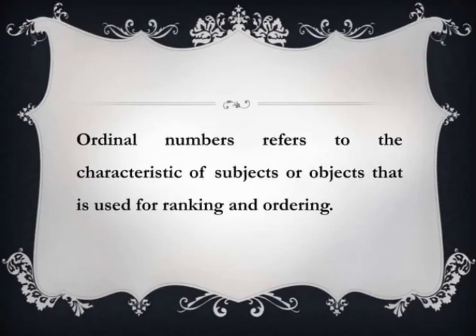So next is ordinal numbers. Ordinal numbers refer to the characteristic of subjects or objects that is used for ranking and ordering. Also, orders and ranks are included in classification.